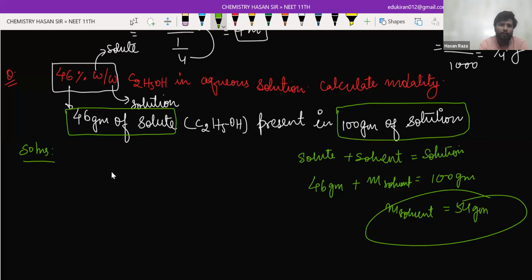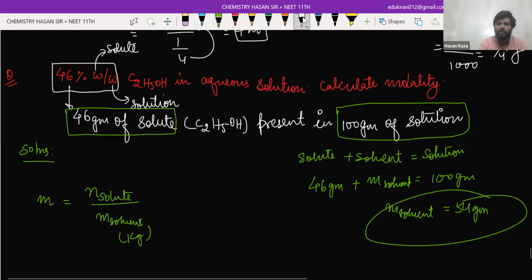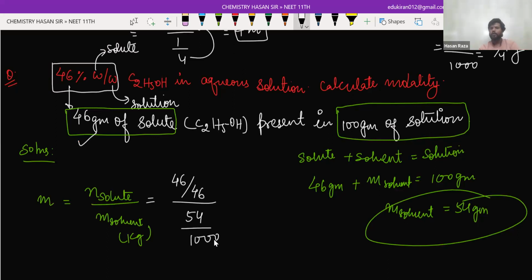Now going to apply the formula, molality is equal to number of moles of solute upon mass of solvent in kg. Now mass is given, not directly number of moles. So this is given mass 46 upon molar mass 46 divided by mass of solvent is 54 grams. So we need to divide it by 1000 to convert this into kg.